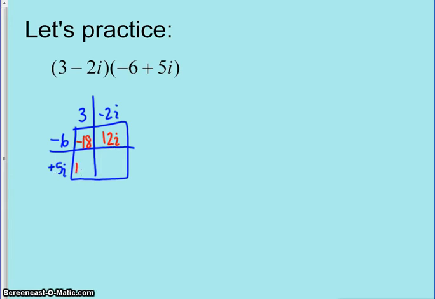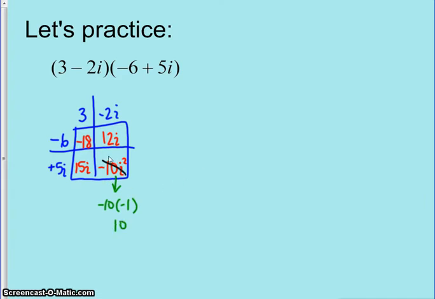5i times 3 is 15i. And 5i times negative 2i, 5 times negative 2 is negative 10, i times i is i squared. So we're actually going to have to change this i squared here to a negative 10 times negative 1, which is a positive 10.